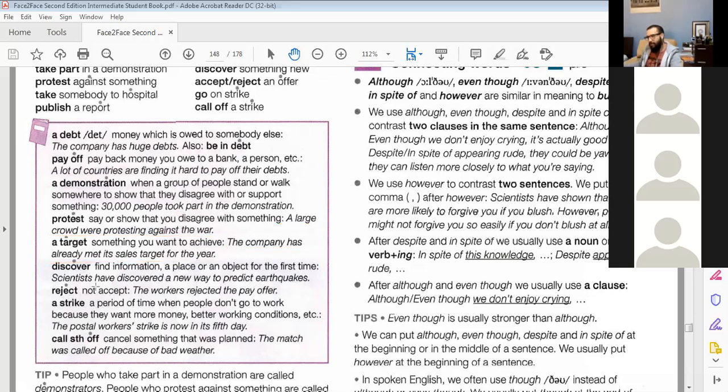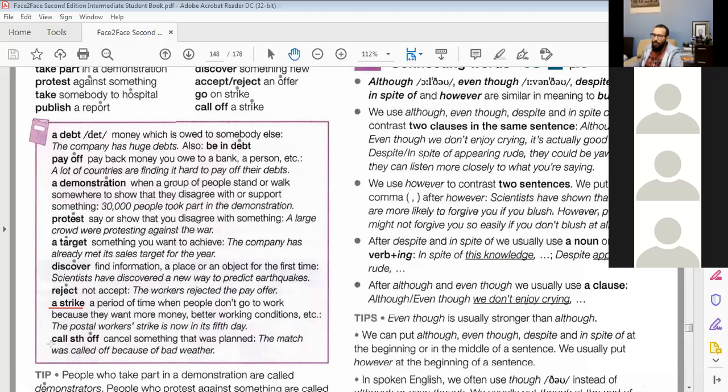Opposite of accept. So when you reject something, it means you refuse it. You don't accept it. You say no. A strike. I don't know if you know this word, but yes. اعتصام. إضراب. Yes. إضراب اعتصام صح. هذا المعنى.